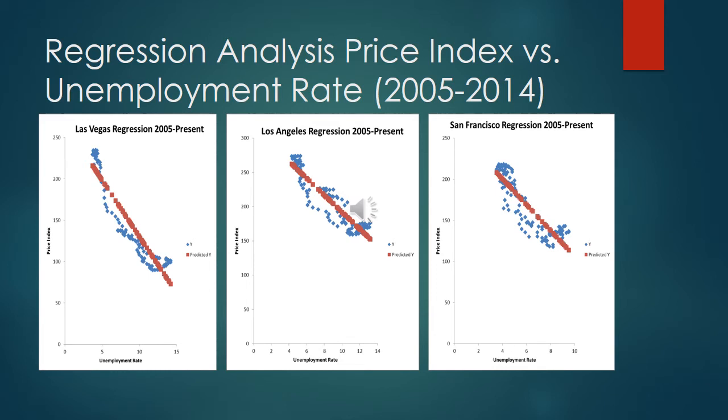Now, we took the unemployment rates of these three cities and compared them, and predictably, we saw that as the unemployment rate went up, the price index went down, which gives it a negative correlation. Because, as negative correlation states, if one goes up and the other one goes down, that's obviously a negative relationship.